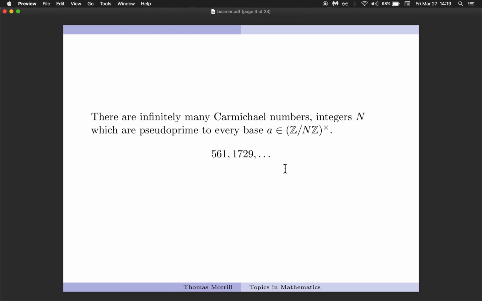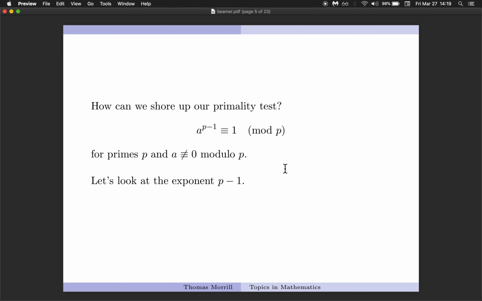So I want a different primality test that does not have the possibility of false positives in the same way. Let's take a look at how that primality test is supposed to be working. So this congruence should be true for every single prime number. It is true for every single prime number.